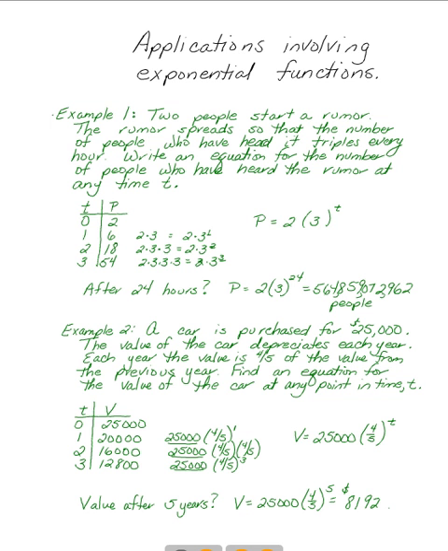We could also answer questions like, when will our car be worth half of its value, etc. But this lesson is focusing on how to write your exponential equations that match our applications.